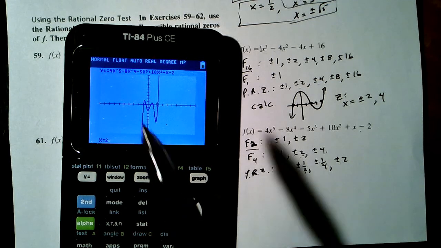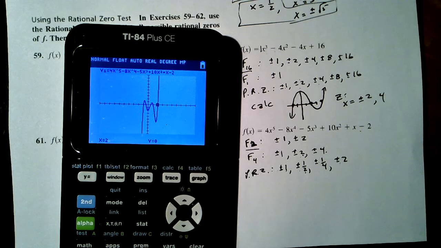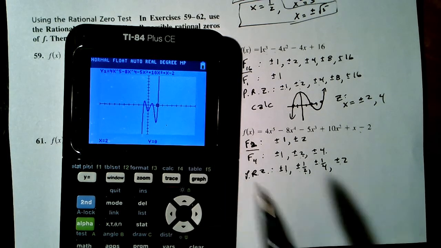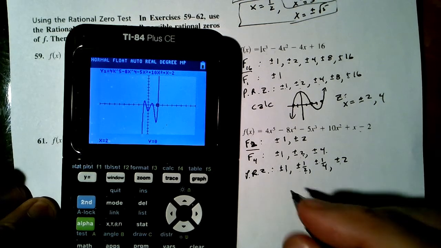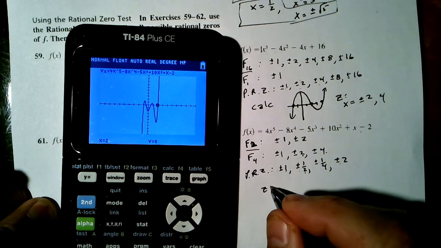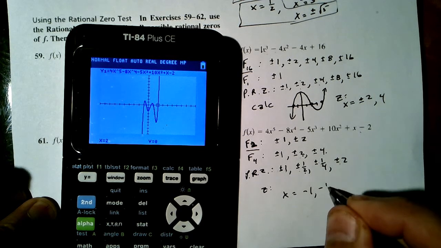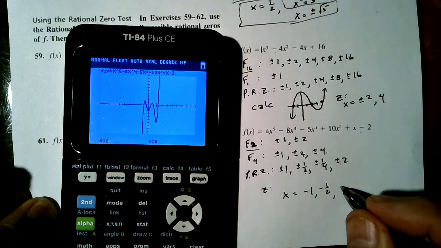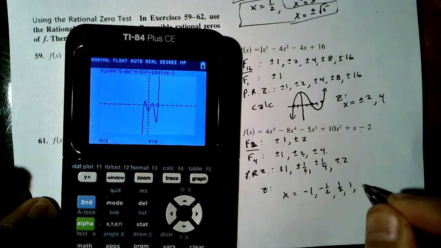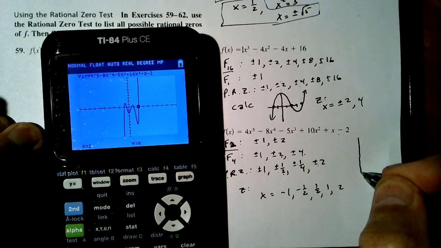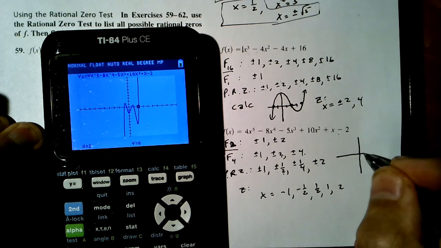Now understand, there could have been 5 zeros and them not be rational. This could have just been square root of 5 or something like that. But we have possible rational zeros, and our zeros are actually x equals negative 1, negative 1/2, 1/2, 1, and 2. And let's go ahead and sketch the graph so we know we didn't just get the answers from the answer key.